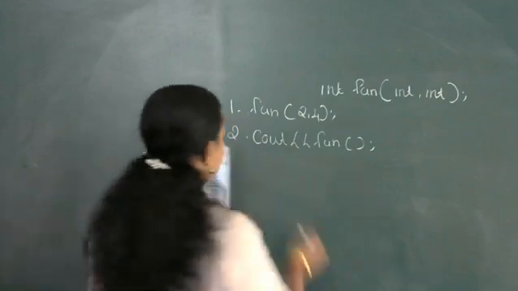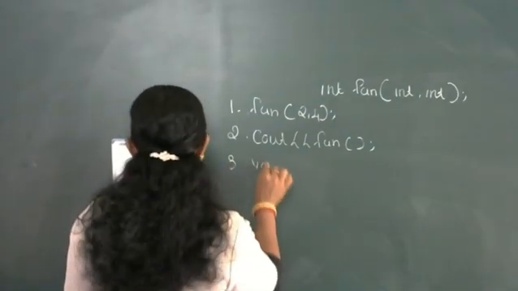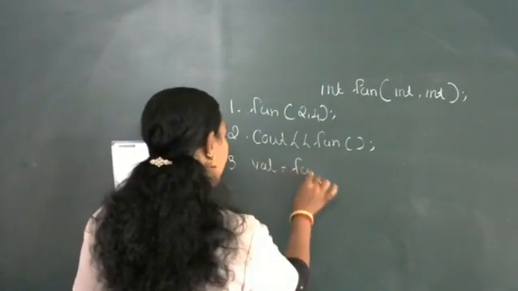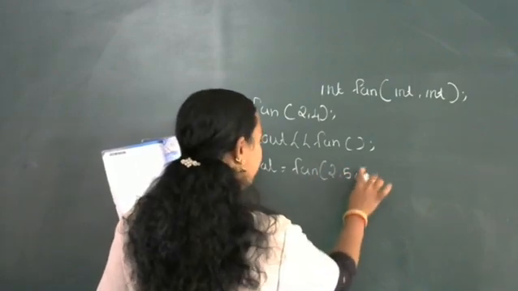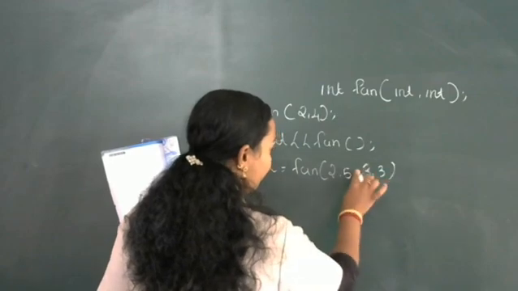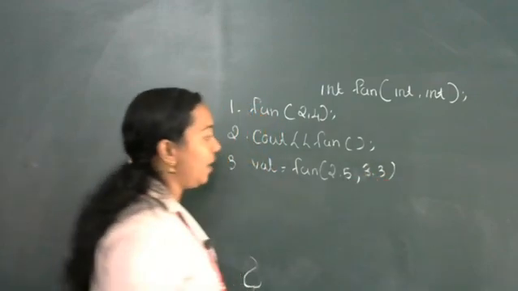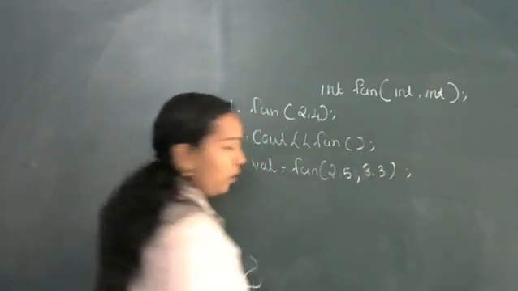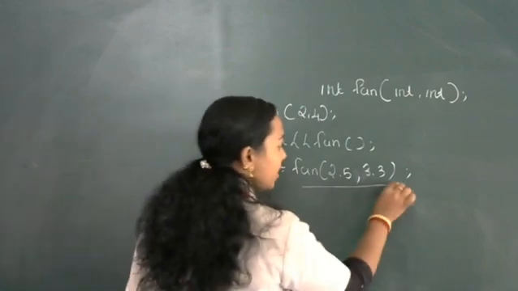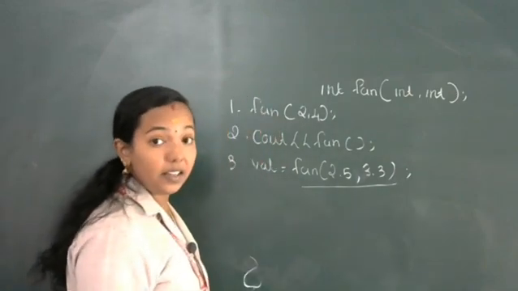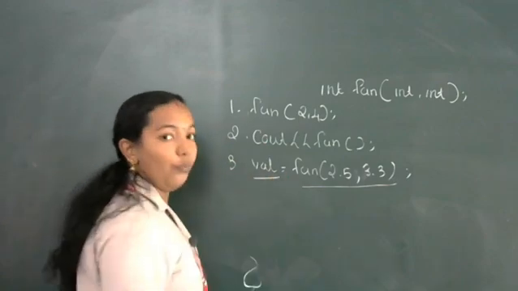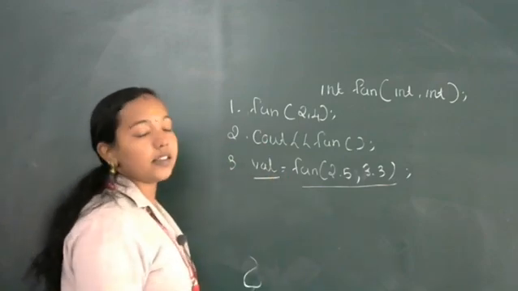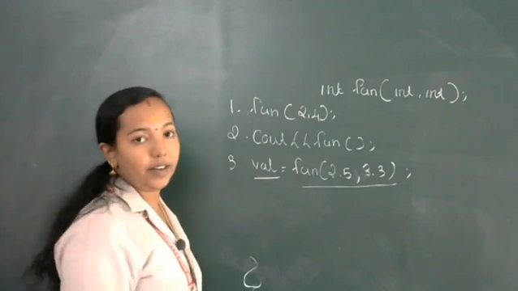And then next one, val is equal to fun 2.5 comma 3.3 semicolon. So here we are assigning the value returned by the fun function to the variable val. But this is invalid. Easily you can find the reason.